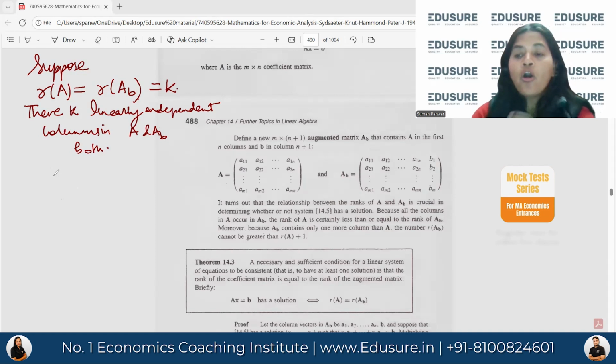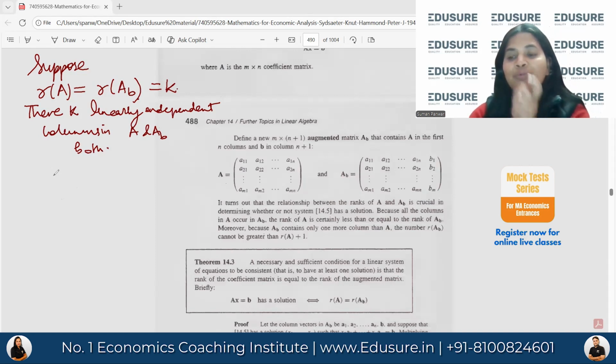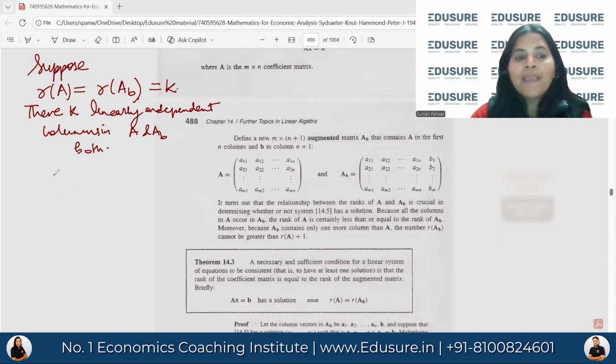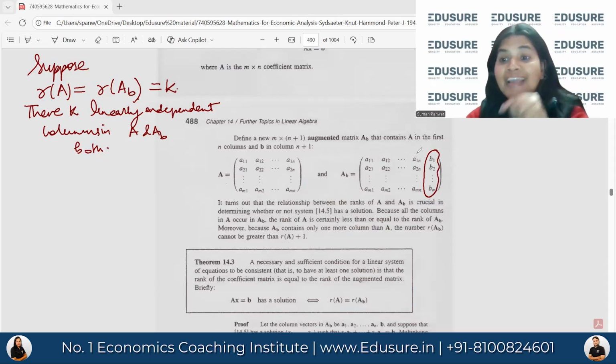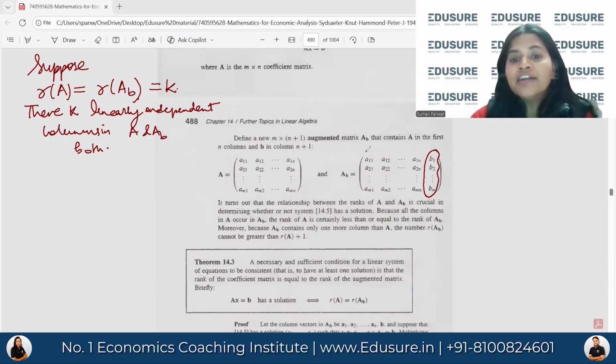Now, obviously, the augmented matrix is just one more column added to A, and therefore this last column cannot be linearly independent, because in the first part, which is A, I want K linearly independent columns over here.